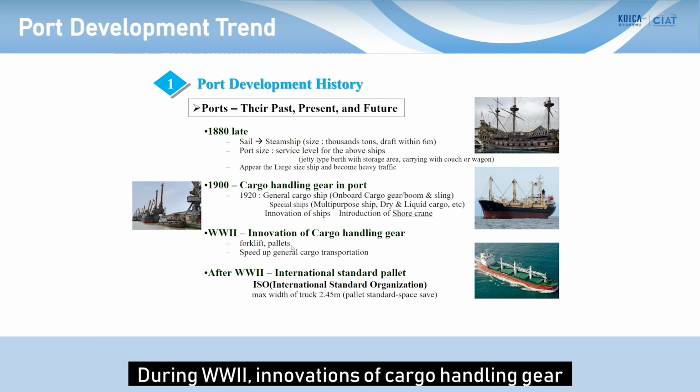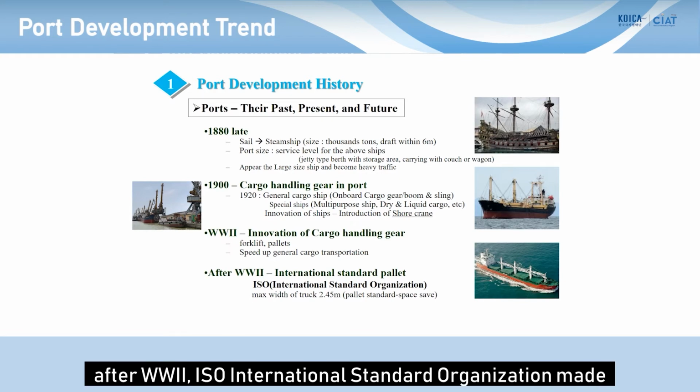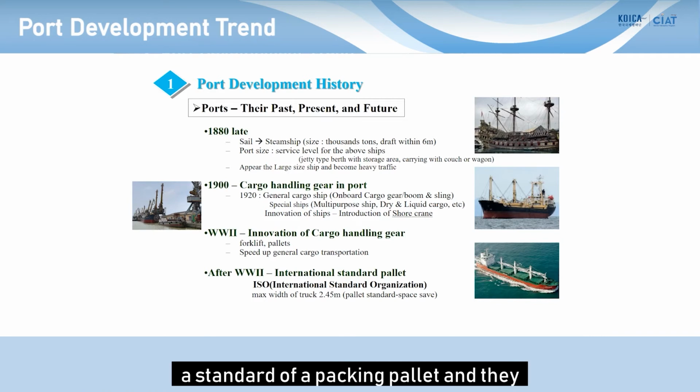During World War II, innovations of cargo handling gear appeared, such as the forklift. Then the realization of cargo packing appeared at the time, and after World War II, the ISO, International Organization for Standardization, made the standard of the packing pallet.